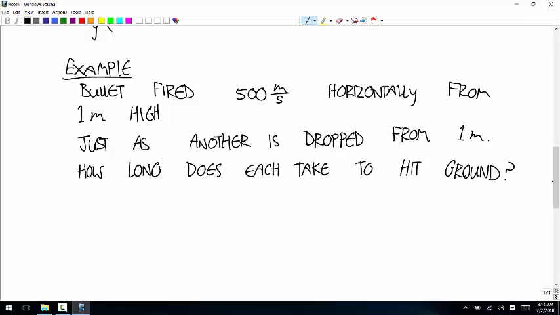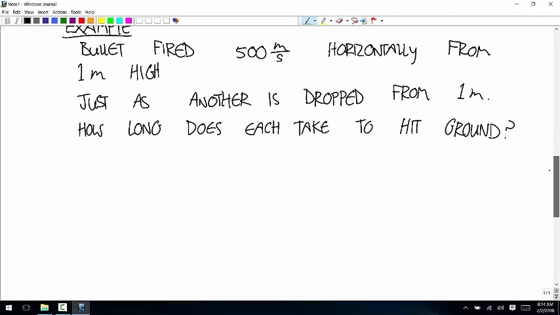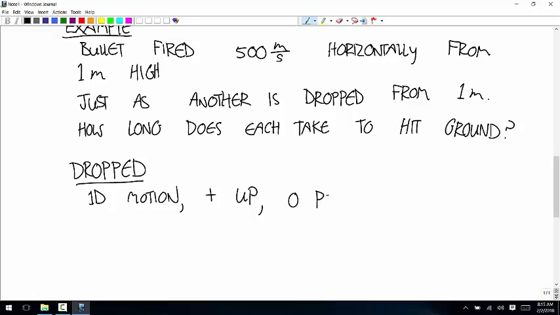So the fact that the X and Y component motions are independent of each other means that the initial X velocity isn't going to come into this at all. So let's first do it for the case where it's dropped. We can think of that as just one-dimensional motion. We'll have the positive direction up, the 0 position on the ground.